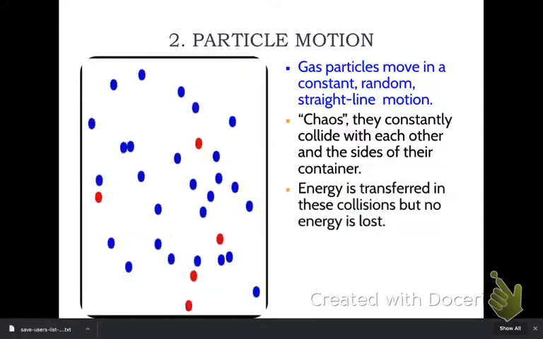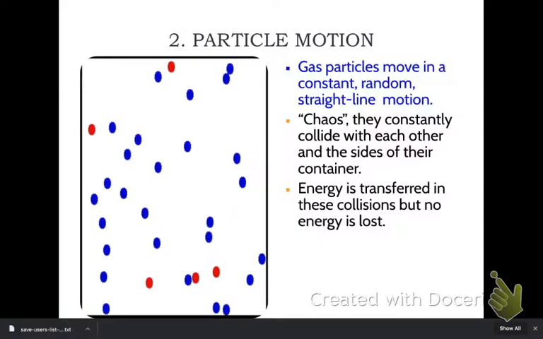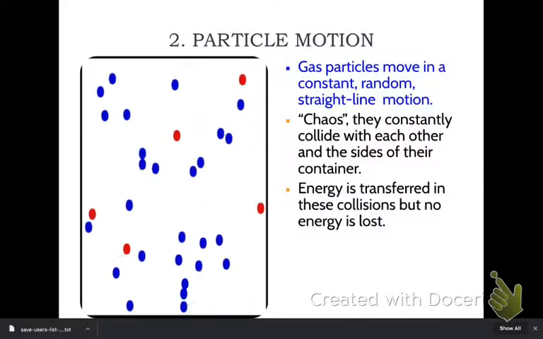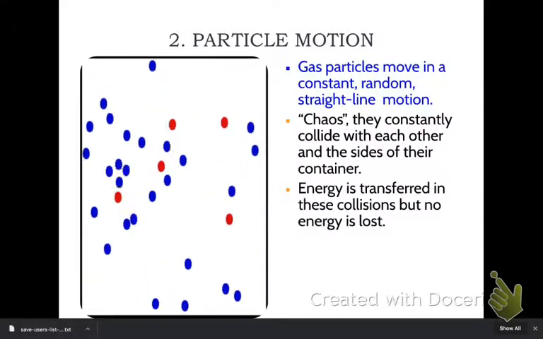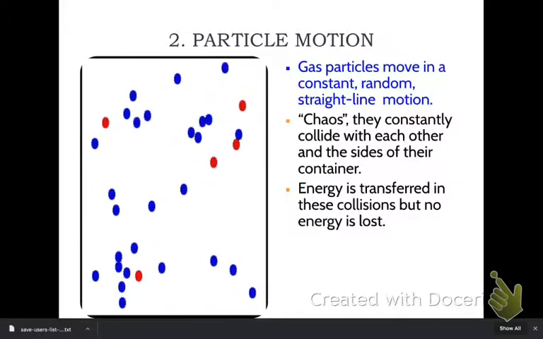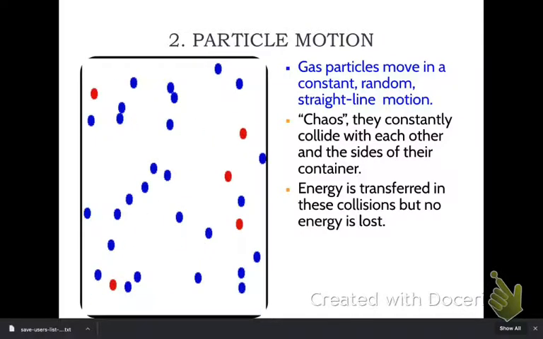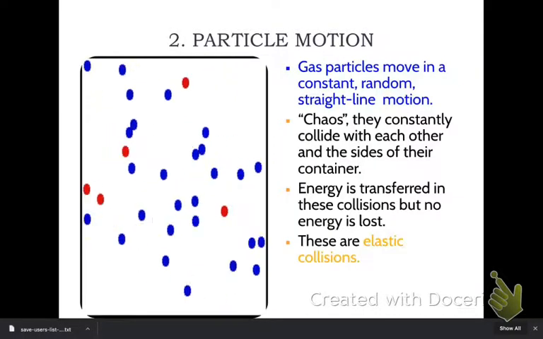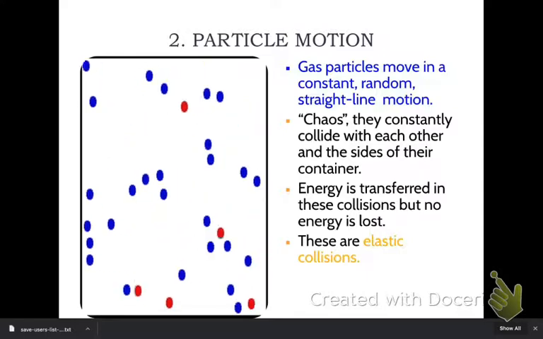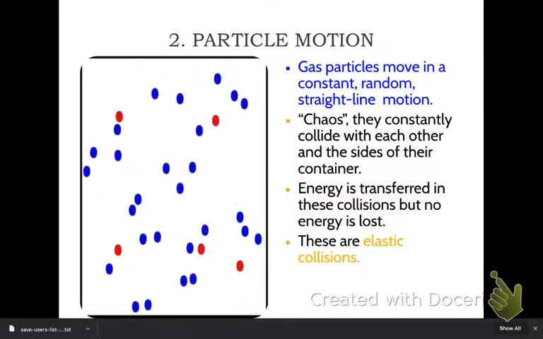So in these collisions, we have energy being transferred from one particle to the other, but as a sample, no energy is lost. Those collisions are called elastic collisions, where energy gets transferred, but no energy is lost. This is an assumption, and we usually talk about ideal gases.